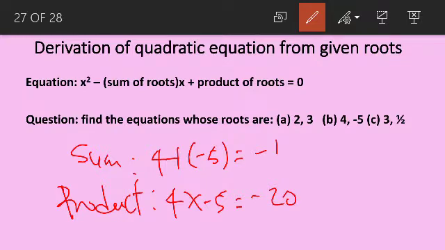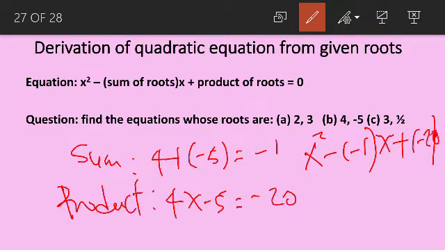If we substitute into our equation, we are going to get x squared minus the sum of the roots, which is minus 1, so minus minus 1x, then plus the product of the roots, which is minus 20, all equal to 0. So we are going to have x squared plus x minus 20 equal to 0.